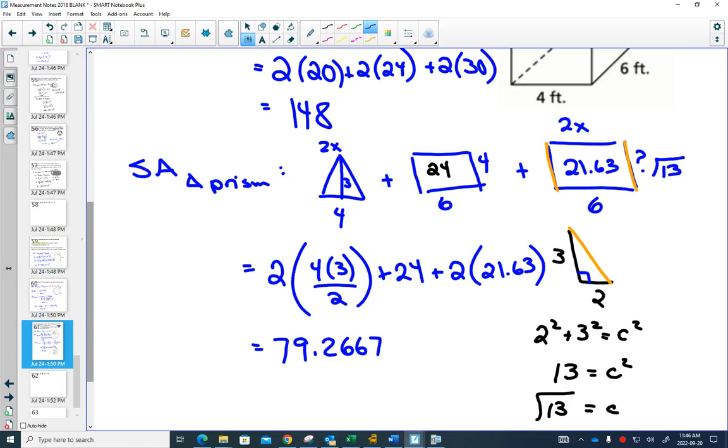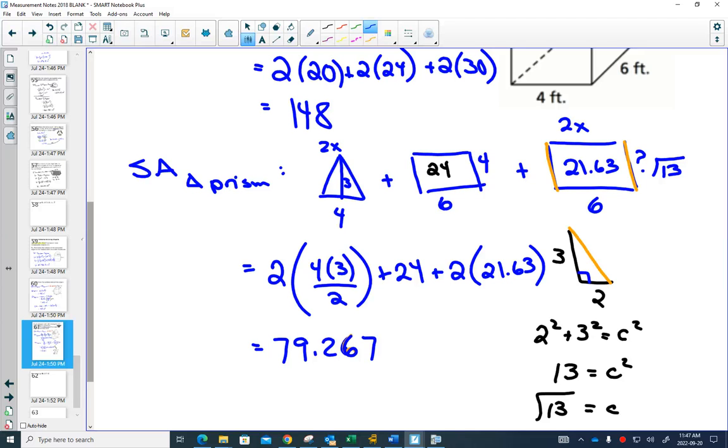Oops, 2, 6, 7. I'll just do 2 decimals. Wow. So that was a lot of work just to figure out the surface area of the prism. We had to do extra things to find that orange side. We strategically made mistakes along the way that we had to fix.